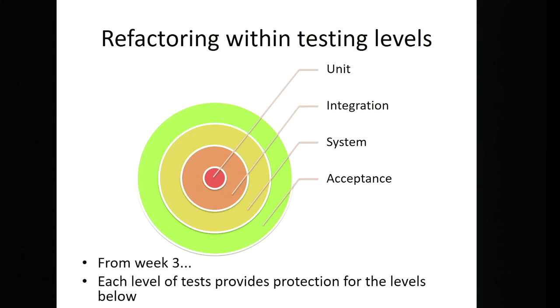You're implementing new functionality or something like that. It's not a refactor at the unit level. If you do need to change the unit tests, then the integration tests should at least still pass. So think of these as shells of protection, and so each time you should be able to ensure that you've not broken things further out while you're doing it. Okay?